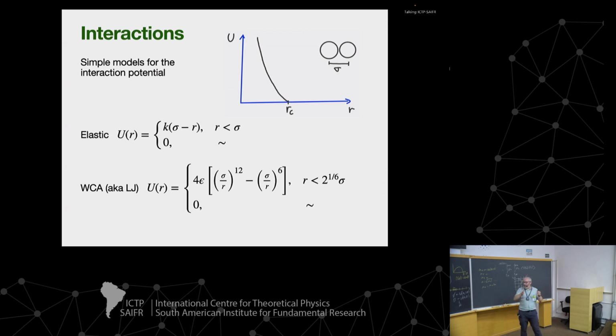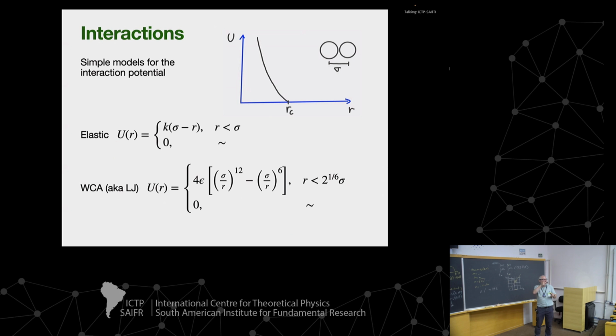But as before, if k is very big, then you need a delta t very small, because the numerical scheme is going to make force times delta t.